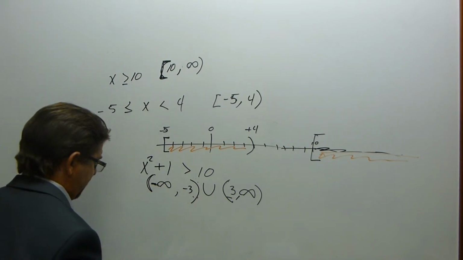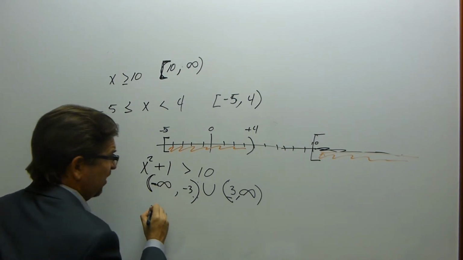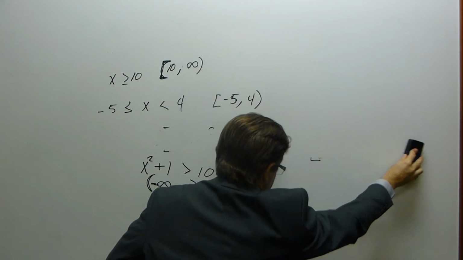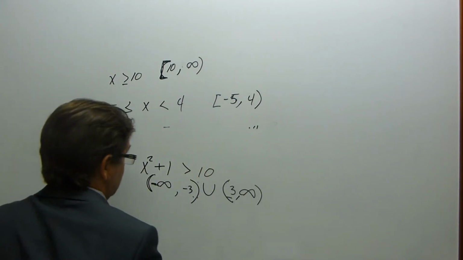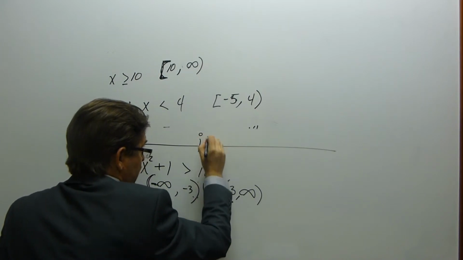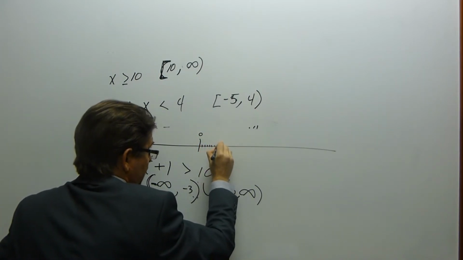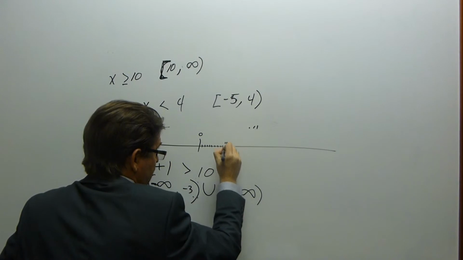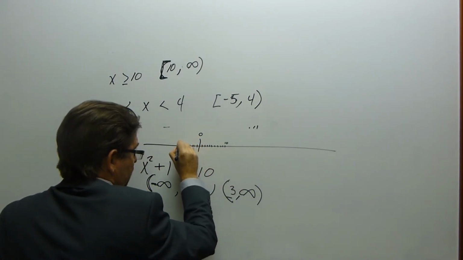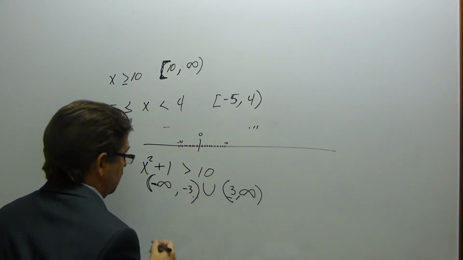The way I would graph that, let's graph this right here. In fact, sorry, I'm going to get rid of this one. Okay. 0, 1, 2, 3, 6, 10. Negative 10.